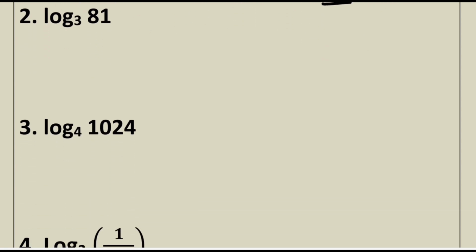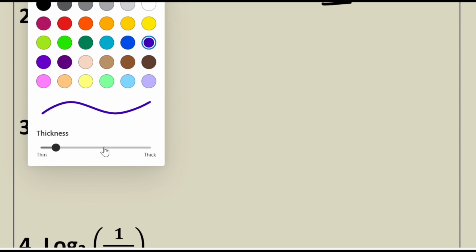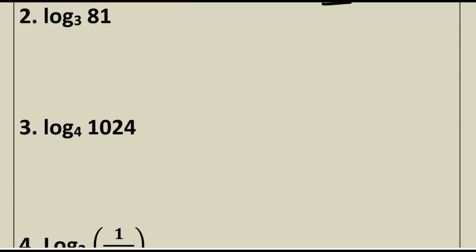The next example is here. Log to base 3 of 81. We are going to write 81 to base 3. We shall have log to base 3 of 3 power 4.